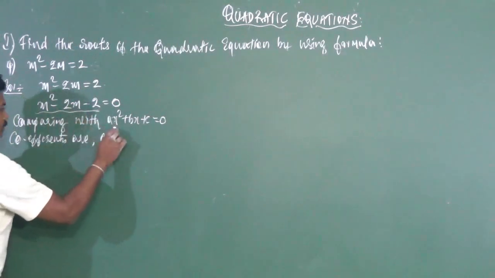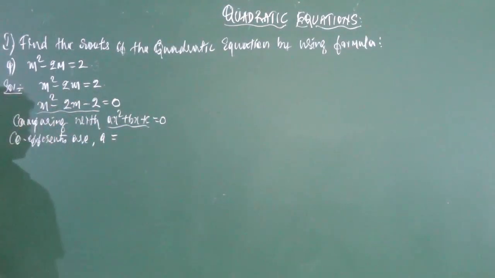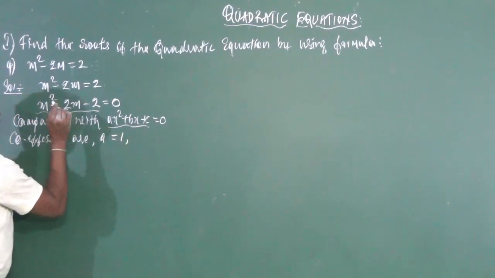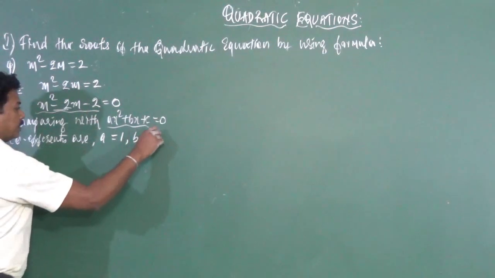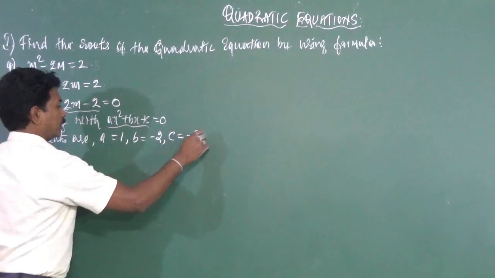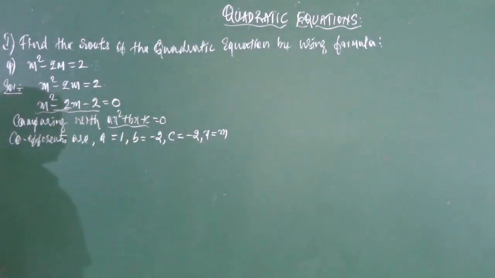When you compare this with the standard form, in place of a we do not find anything here. Right? So it is understood that a is equal to 1, b is equal to minus 2, c is equal to minus 2, and x is equal to, okay, very good.